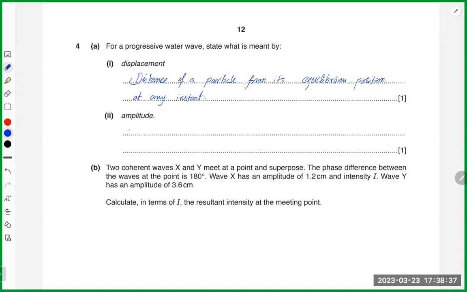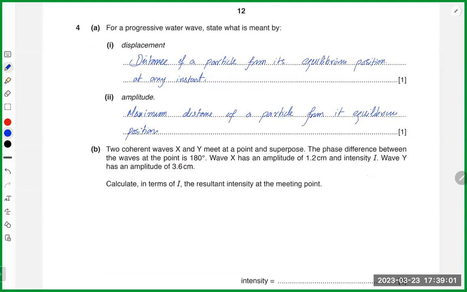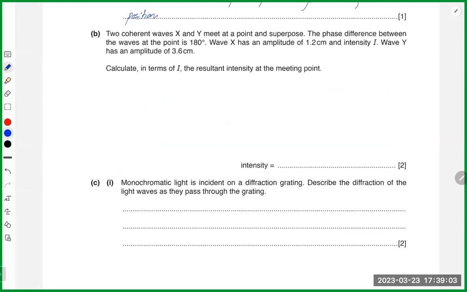Amplitude is maximum distance of a particle from its equilibrium position.